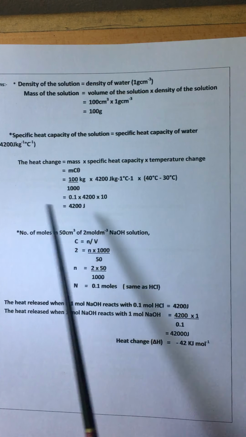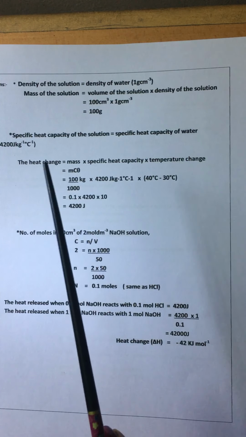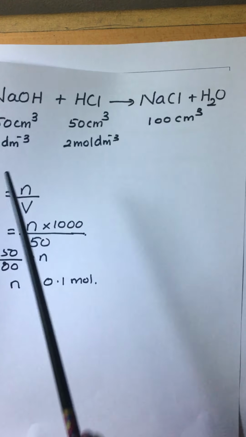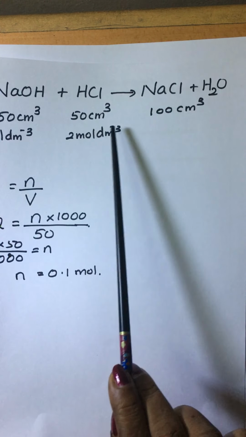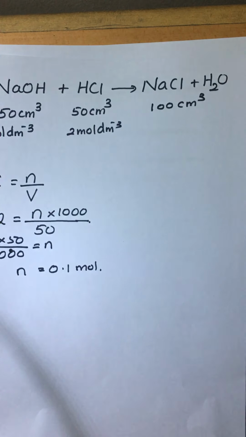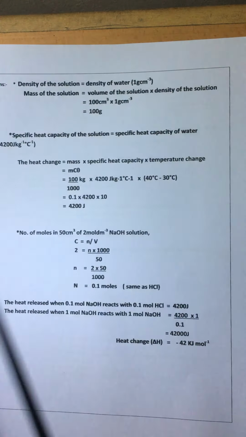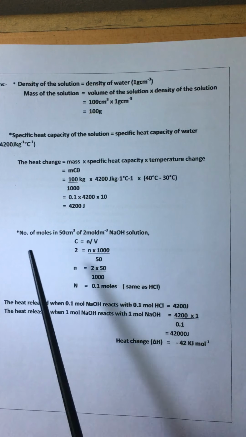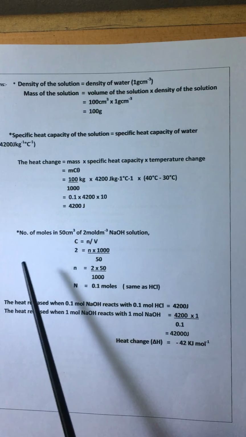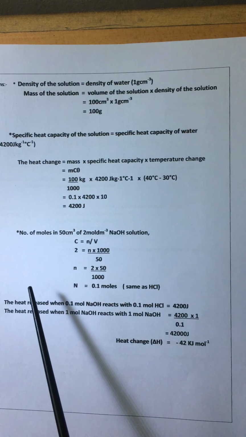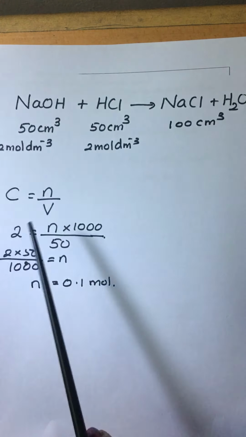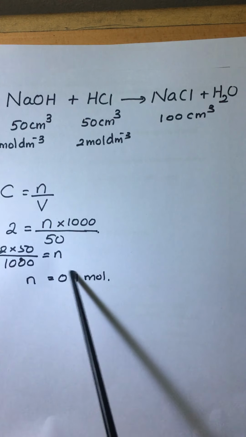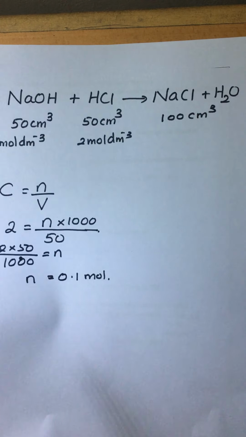So the heat change is 4200 joules when you take 50 centimeter cube of sodium hydroxide and 50 centimeter cube of HCl, with a concentration of 2 mole per decimeter cube. Then you are getting the heat change of 4200 joules. How many moles we got from that, sodium hydroxide and HCl, I already explained to you. In this equation we are getting 0.1 mole sodium hydroxide and 0.1 mole of HCl, right?